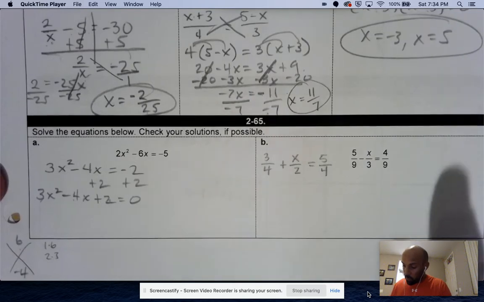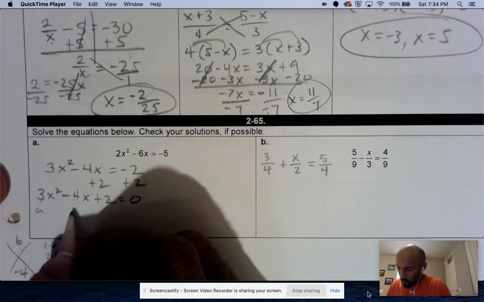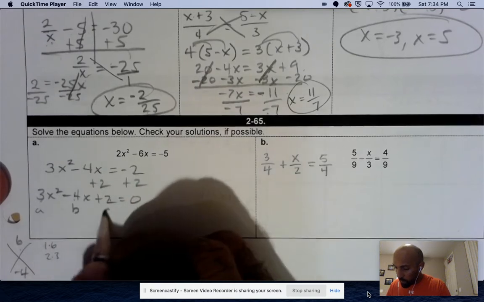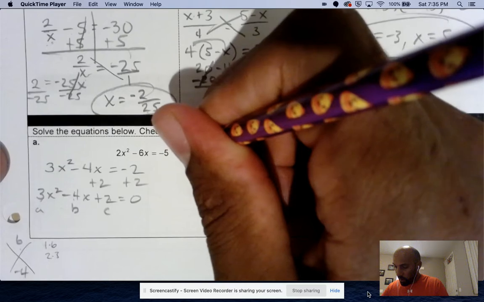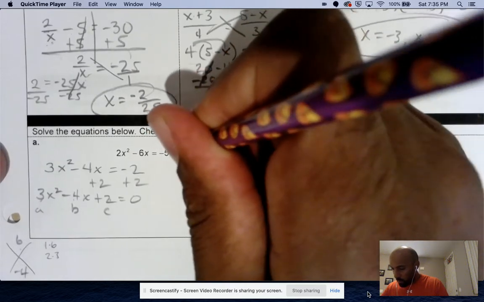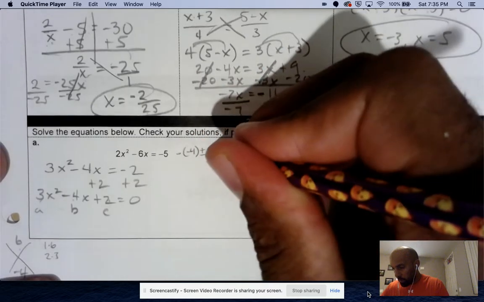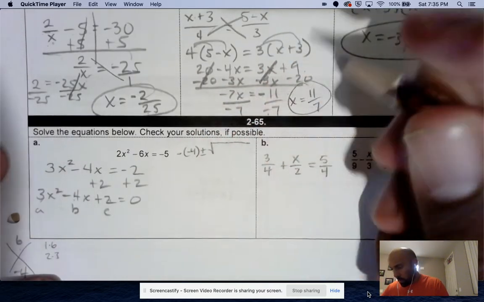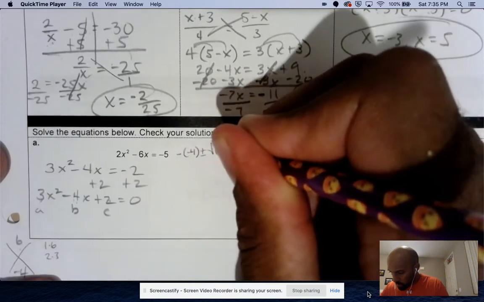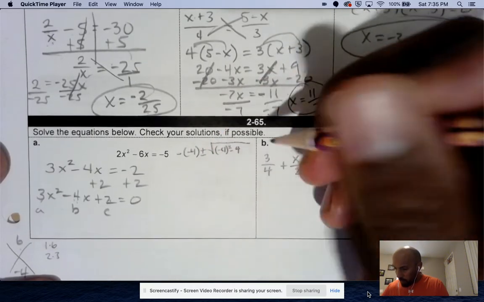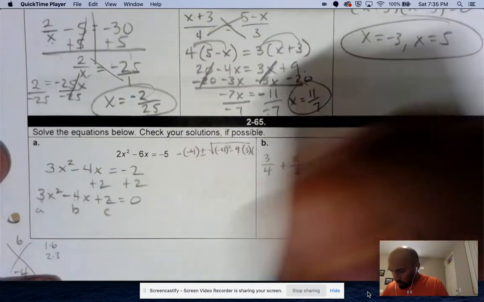Well, looks like the quadratic formula. Okay, so let's set that up. Remember, my a is 3, my b is negative 4, and my c is 2. First, I have negative b, so negative times negative 4, then plus or minus the square root of b squared, which is negative 4 squared, minus 4 times, remember that number is always 4, times your a, which is 3, times your c, which is 2.